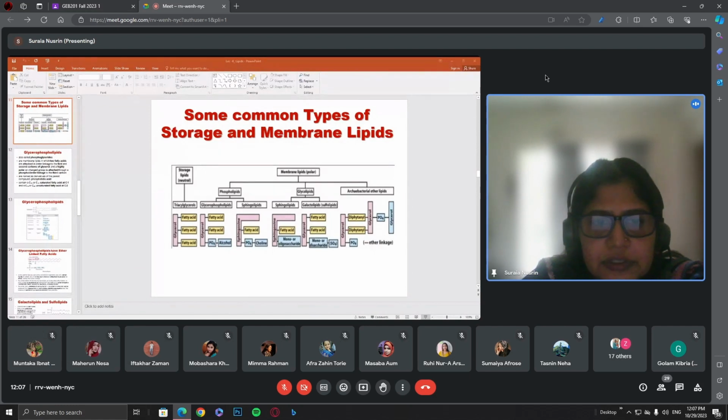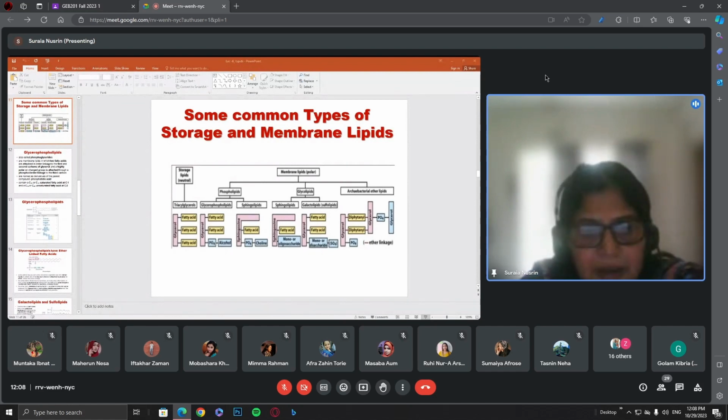So for example, we can say ethanolamine. Ethanolamine is a polar head group. If that is attached to the phosphate, then we call the glycerophospholipid phosphatidylethanolamine. Then the polar head group can be choline, and if the choline is present, then we call it phosphatidylcholine. Even the amino acid serine can be a polar head group, then we call the glycerophospholipid phosphatidylserine.